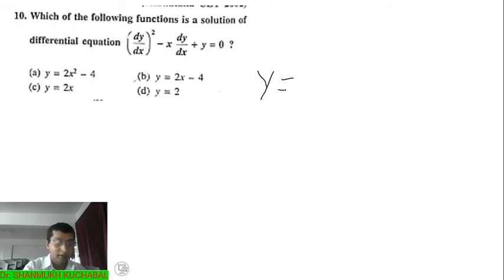We can observe that y equal to 2x minus 4 will satisfy this equation. If you differentiate this and simplify further, we get this differential equation. So option B, y equal to 2x minus 4, is the right answer.